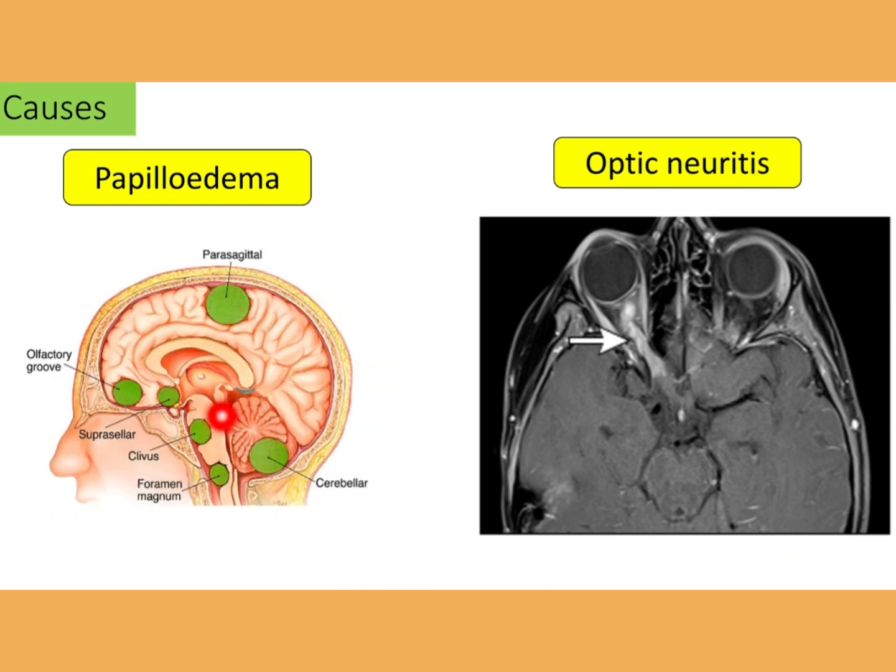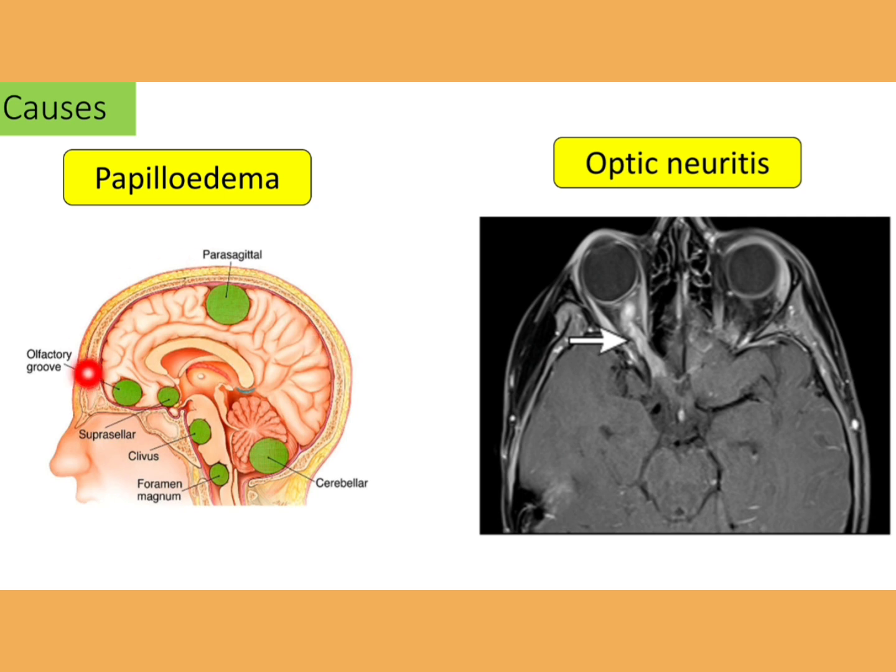Papilloedema is due to raised intracranial pressure, where I told you one factor in my papilloedema video, the Monro-Kellie doctrine, that is the pressure volume relationship between CSF, blood and intracranial tissue and cerebral perfusion pressure. There is a fixed amount of CSF, blood, intracranial tissue and cerebral perfusion pressure, so a rise in any of those components will lead to a rise of intracranial pressure.